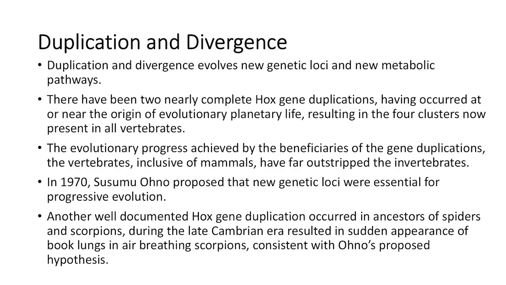The evolutionary process achieved by the beneficiaries of the gene duplications, and vertebrates, inclusive of mammals, have far outstripped the invertebrates. In 1970, Susumu Ohno proposed that new genetic loci were essential for progressive evolution.